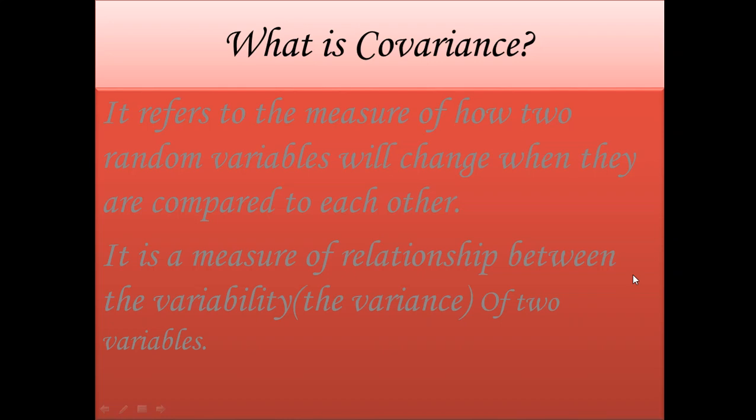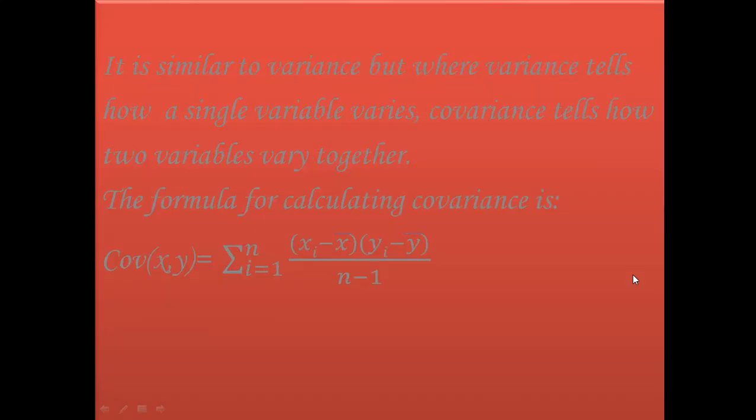And how it will be calculated, just look at here. It is similar to variance, but where variance tells how a single variable varies, covariance tells how two variables vary together. That is, variance works on a single variable, a single array. Covariance works on two arrays, two variables.